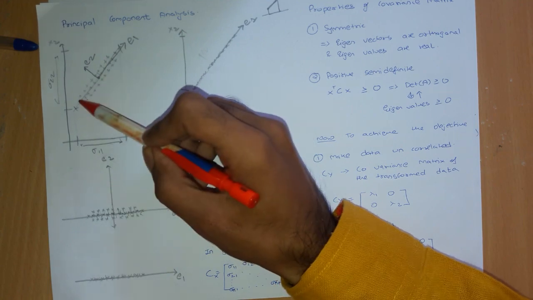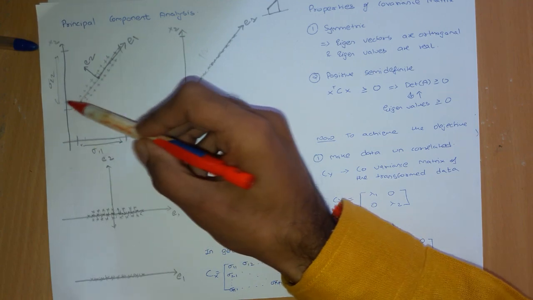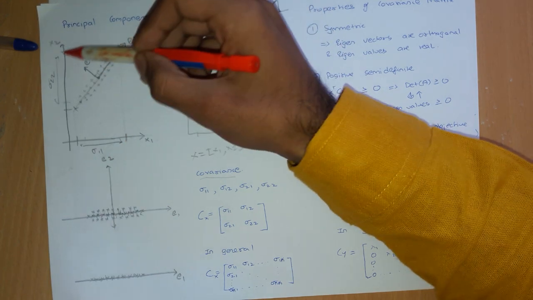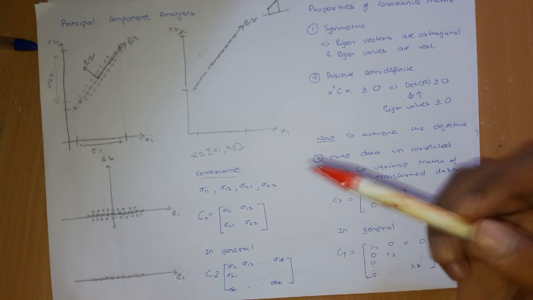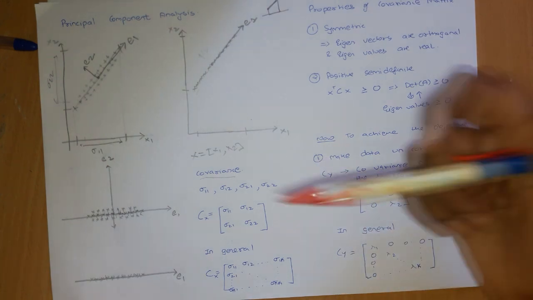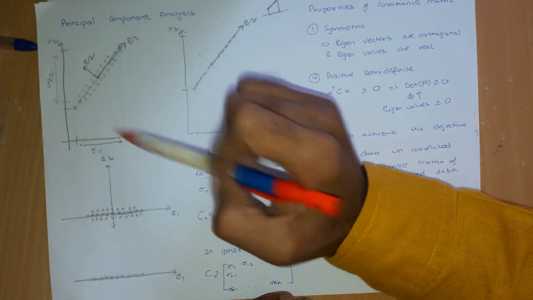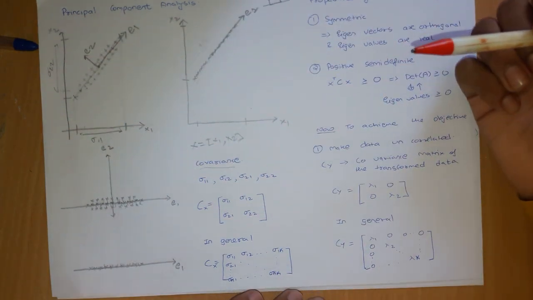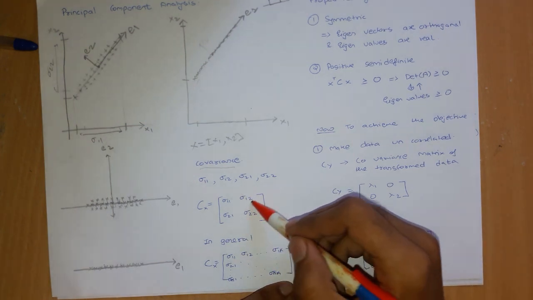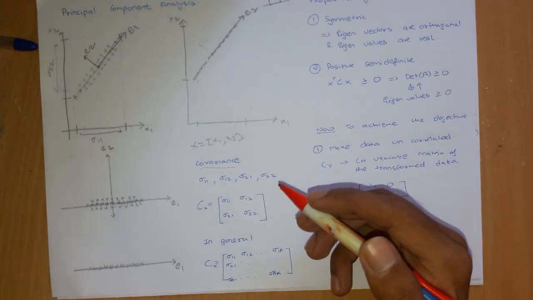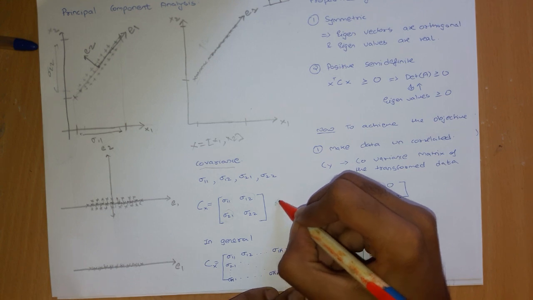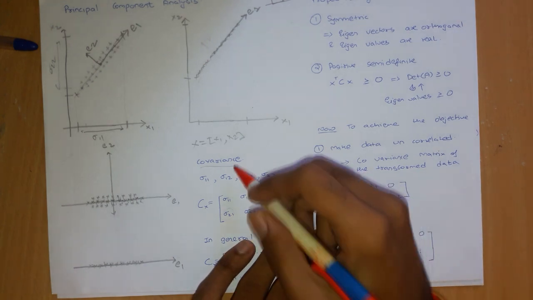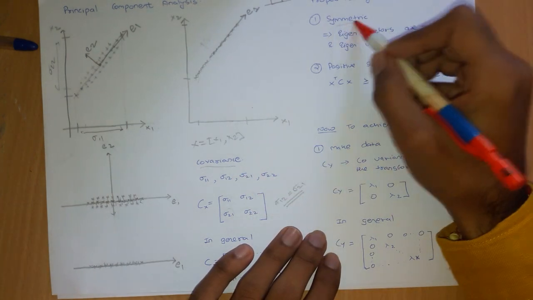So here, say at this point, x1 is this much and x2 is this much. As you go on increasing x1, you get a point where x2 is also increasing. This can be termed as positively correlated. When one feature is increasing, the other feature also tends to increase. These things are given by sigma 21 and sigma 12. Also please remember, sigma 12 will always be equal to sigma 21. This is a property of the covariance matrix, that it is symmetric.